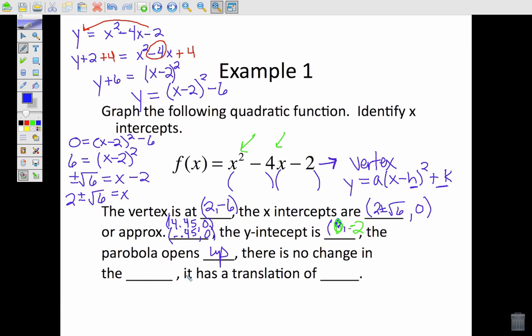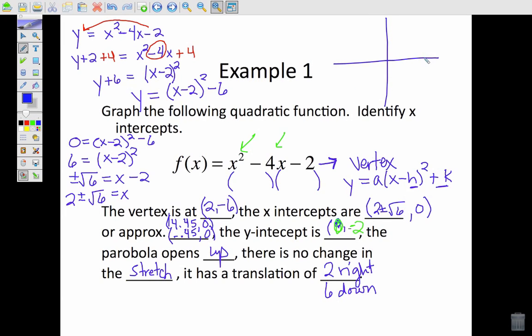My leading coefficient here, my a, is 1. There's no change in the stretch. And it has a translation of, after putting it into vertex form, 2 to the right and 6 down.